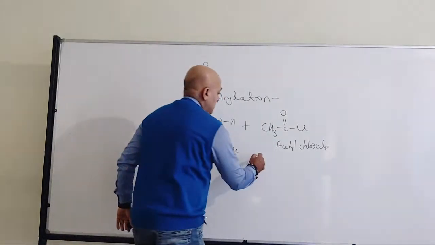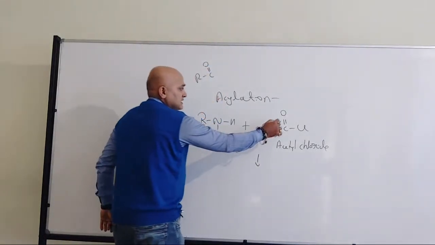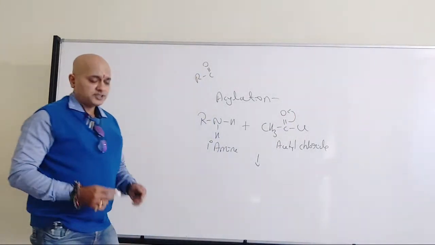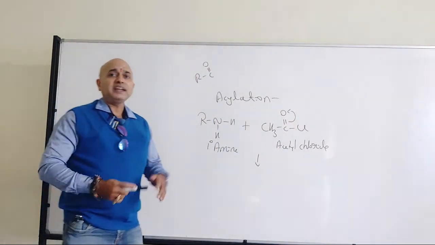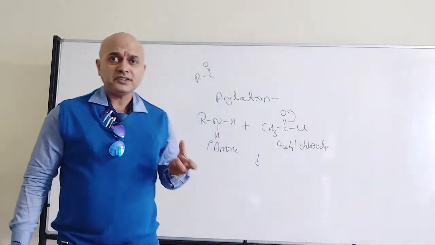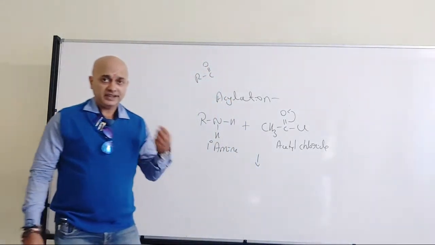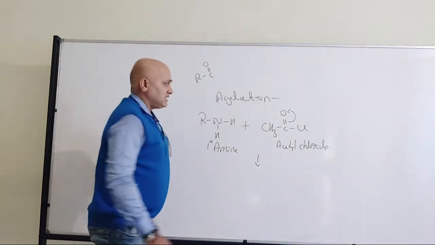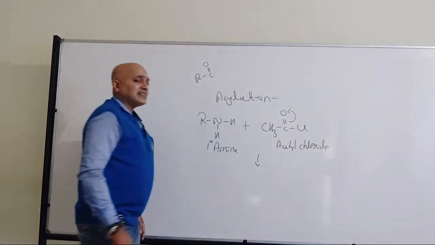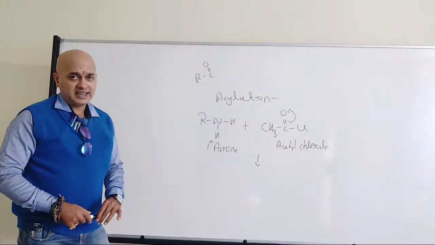Right? Now, since there is a carbonyl group, oxygen will be torturing the carbon. It will be making the drama. It will take the electron, it will give back the electron. So what I mean to tell you is, this carbon will be slightly electrophilic in nature.